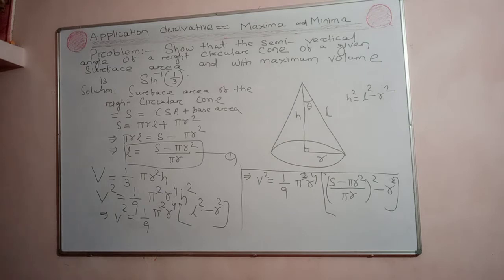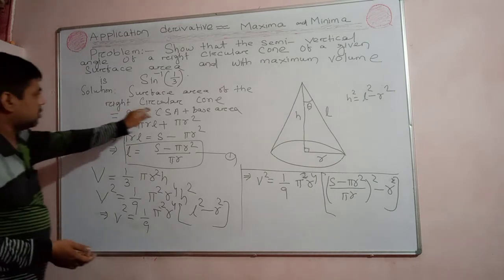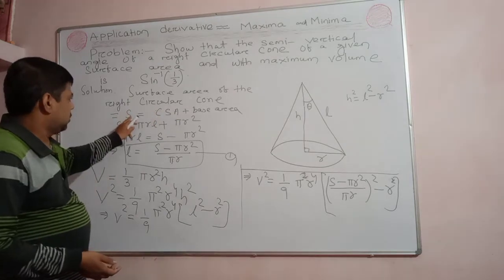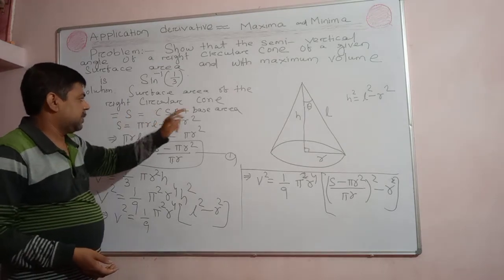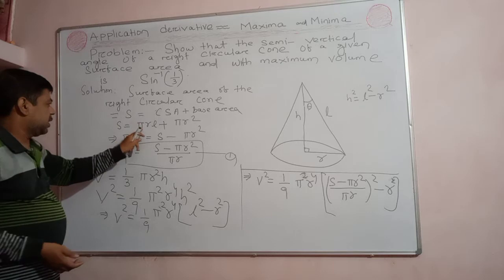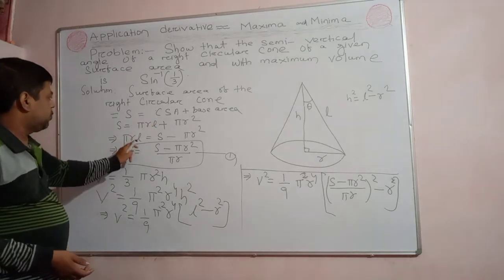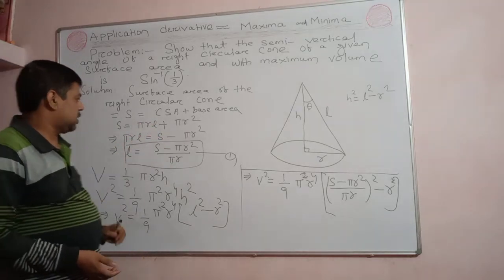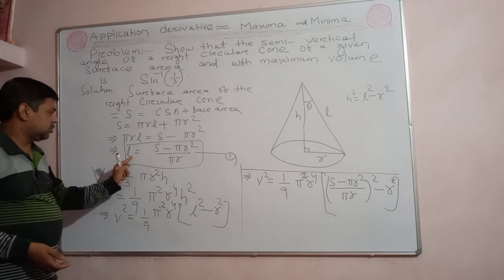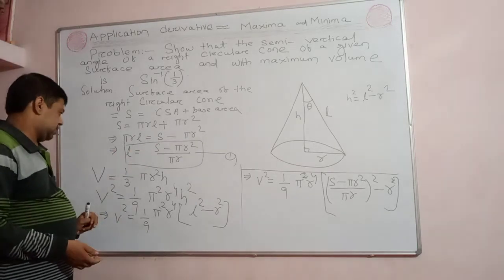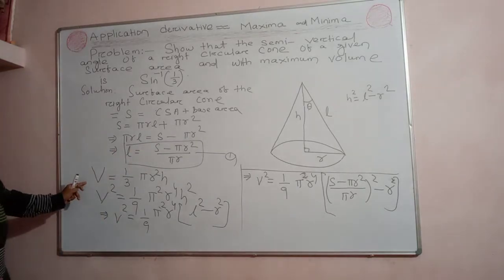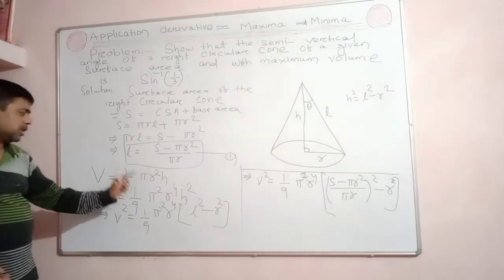Let's recap. The surface area of the right circular cone is S is equal to curved surface area plus base area, S is equal to pi r L plus pi r square. Transposing, pi r L is equal to S minus pi r square, and L is equal to S minus pi r square by pi r. The volume of the cone is 1 by 3 pi r square h.